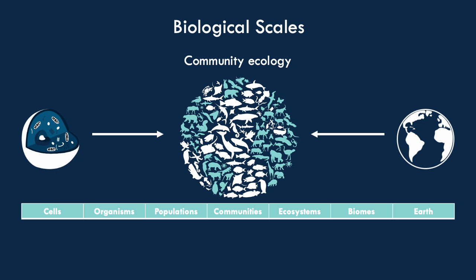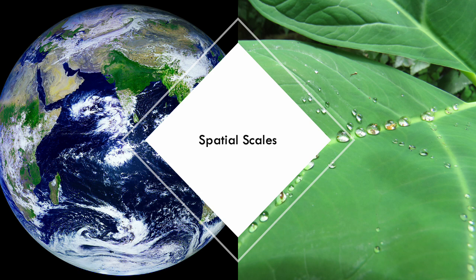And life really operates from the spatial scale of biological cells to the entire planet. And if you scale up through all of this, you'll find that community ecology basically sits in the middle of all of this, which really makes it quite interesting from a spatial scale point of view.